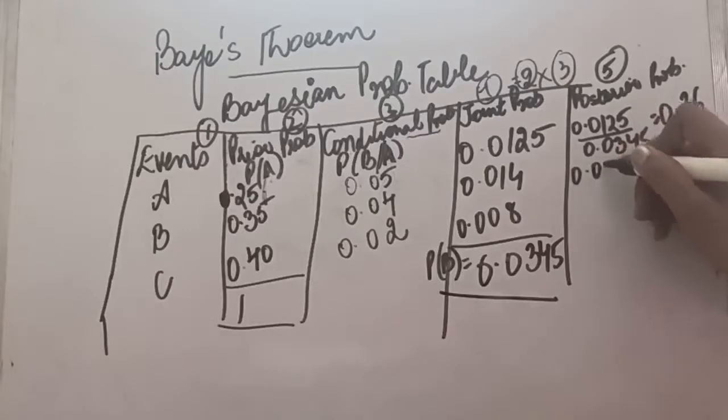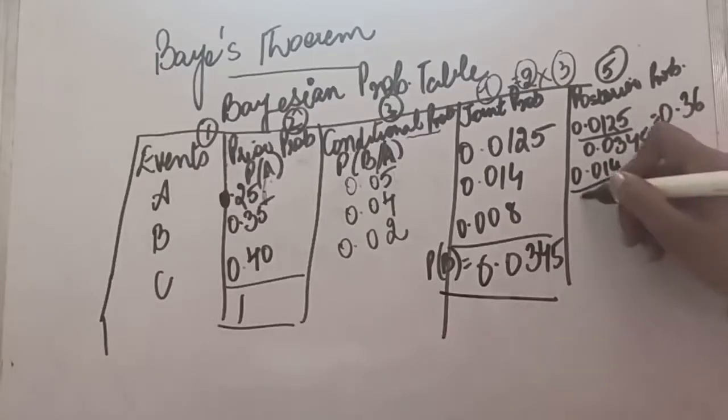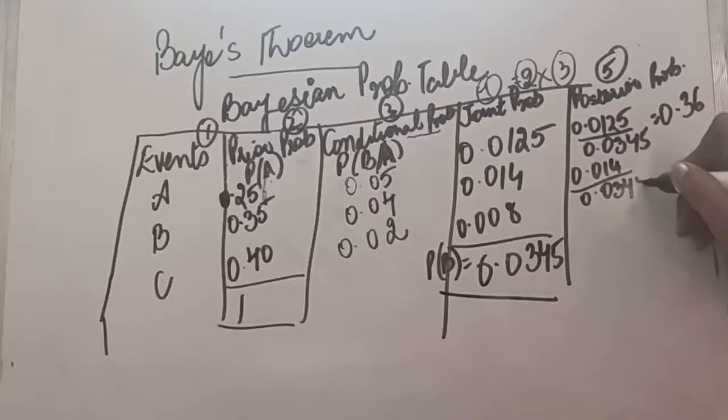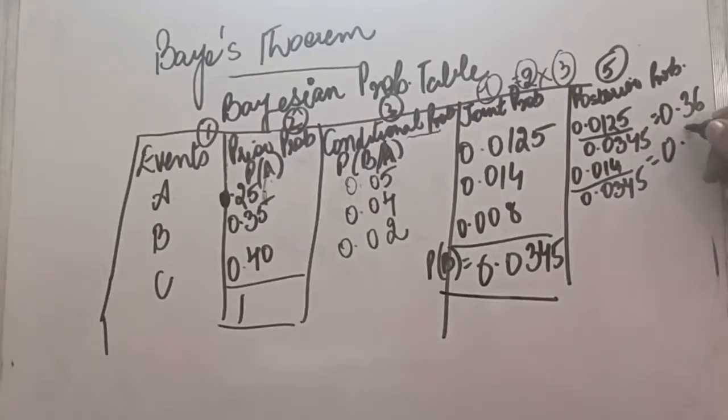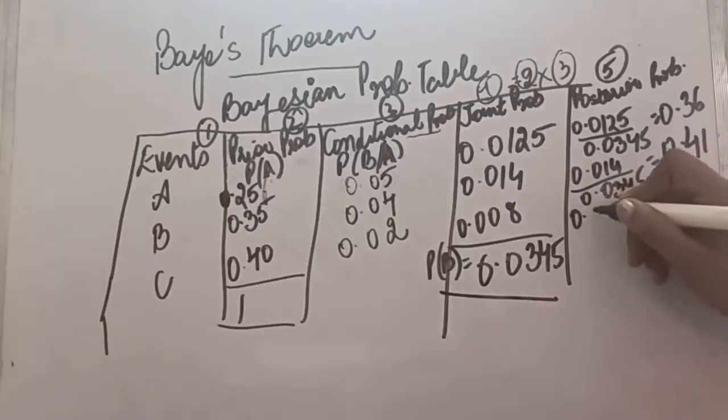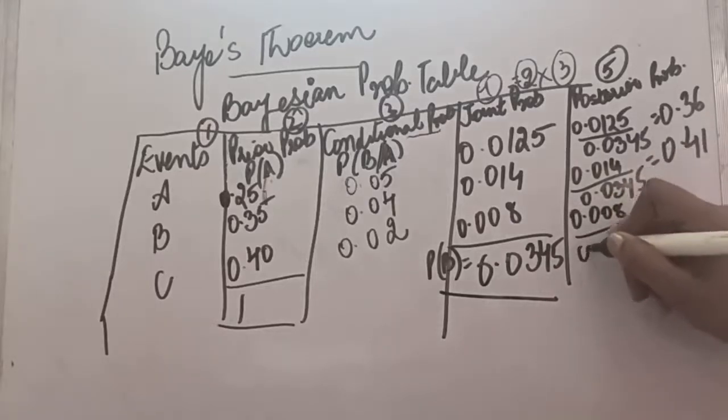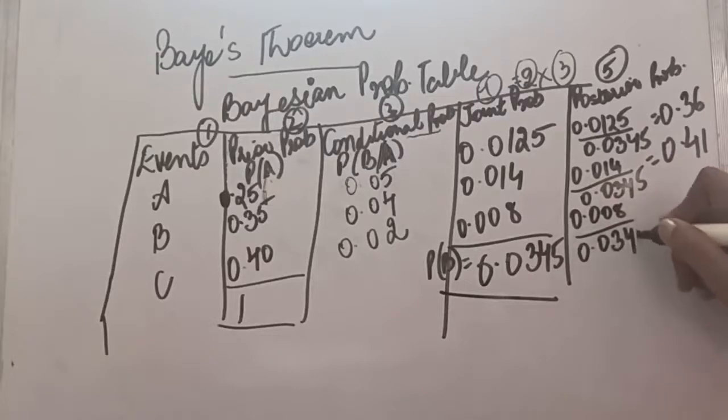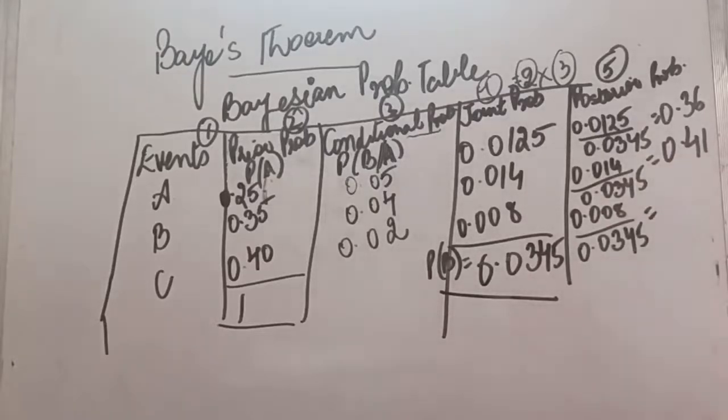Next is 0.014 divided by again the same total, 0.0345. It comes out to be 0.41. And last is 0.008 divided by 0.0345. It comes out to be 0.23. Again, if you total these three, it should be equal to 1, because total probability is always equal to 1 or 100%.